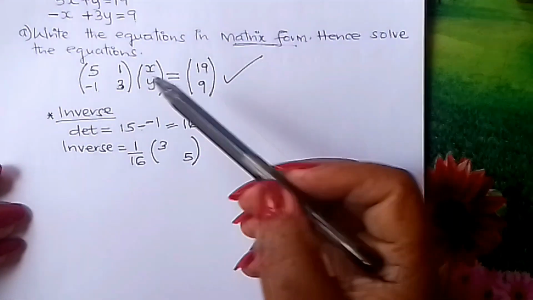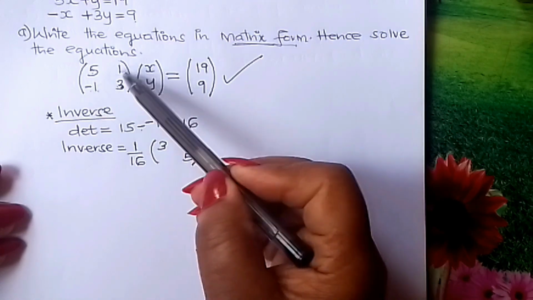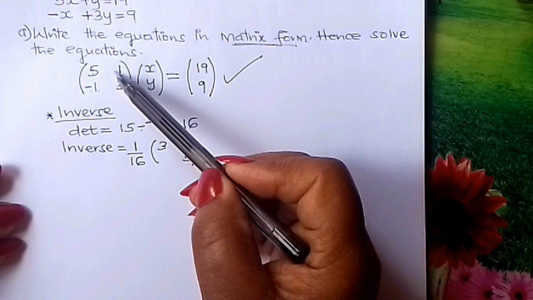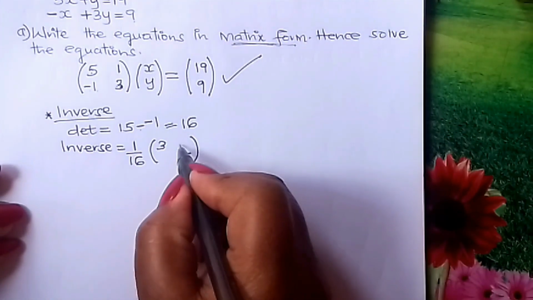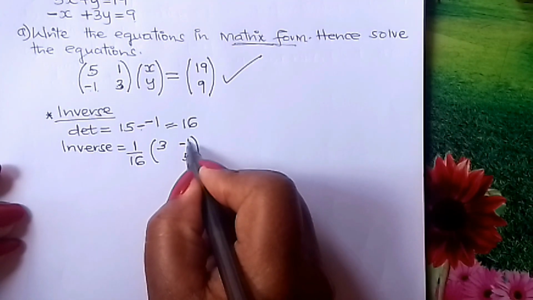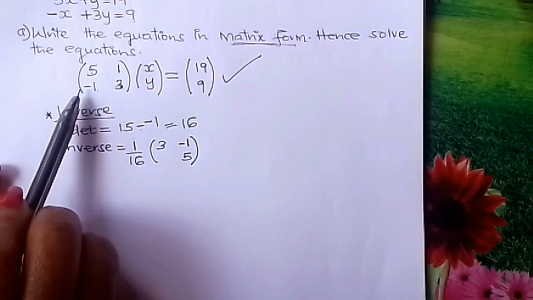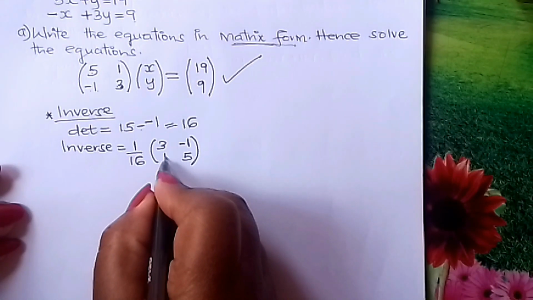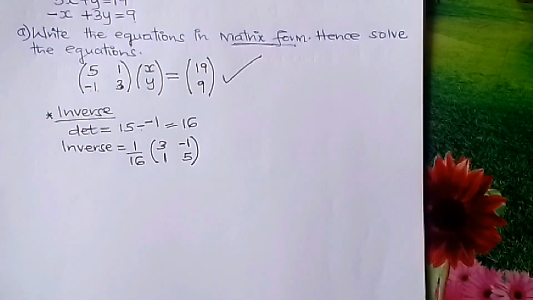From there, you now negate the elements in the secondary diagonal. So this will be negative 1, you write it there, and this will be negative 1, which will be 1. That is the inverse, learner.